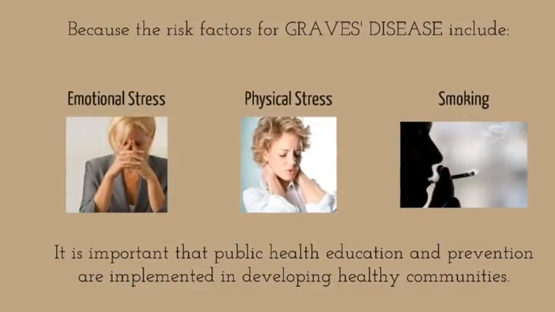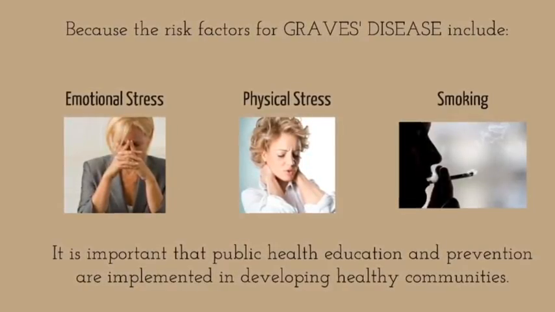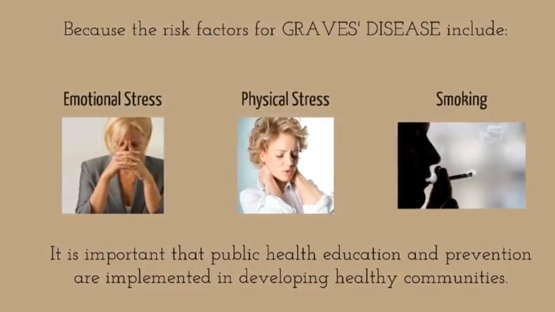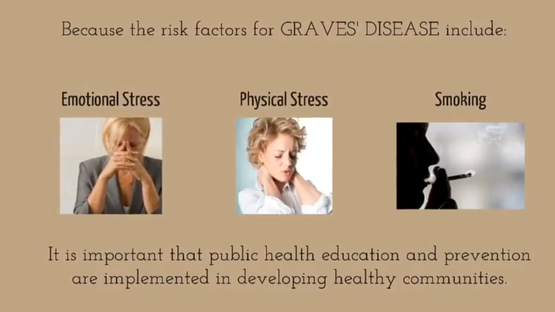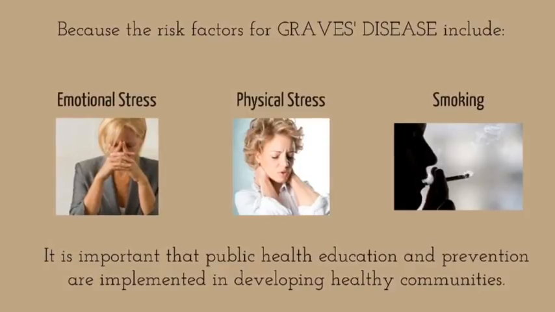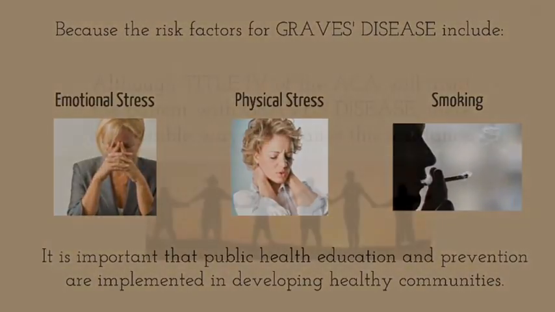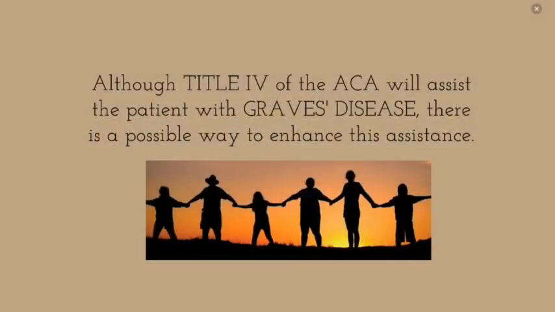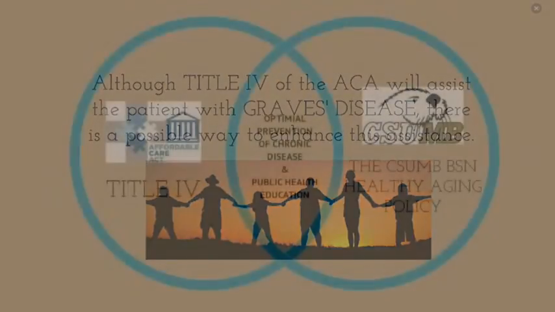Because the risk factors for Graves' disease include emotional stress, physical stress, and smoking, it is important that public health education and prevention are implemented in developing healthy communities. Although Title IV of the ACA will assist the patient with Graves' disease, there is a possible way to enhance this assistance.